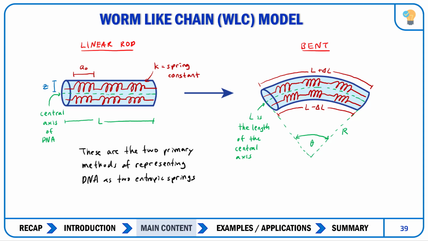And for the next few slides, we're going to start analyzing different types of properties for this. We're going to be looking at what delta L is, how to define K, the bending energy, as well as figure out how we can tell whether a rod is going to bend or not, depending on the value of delta L compared to a persistence length.